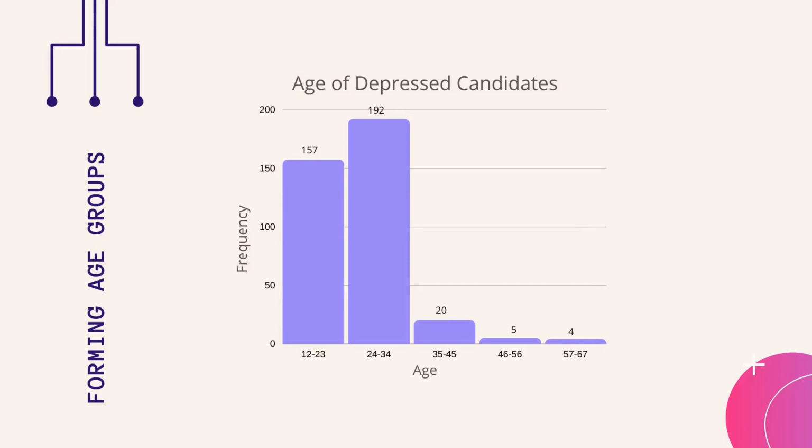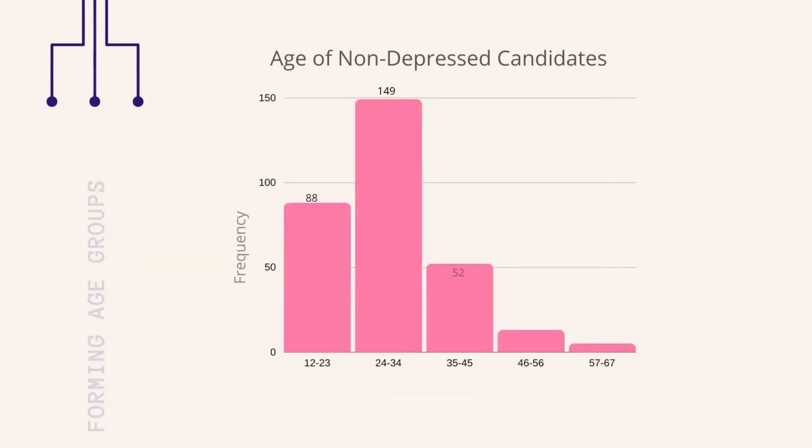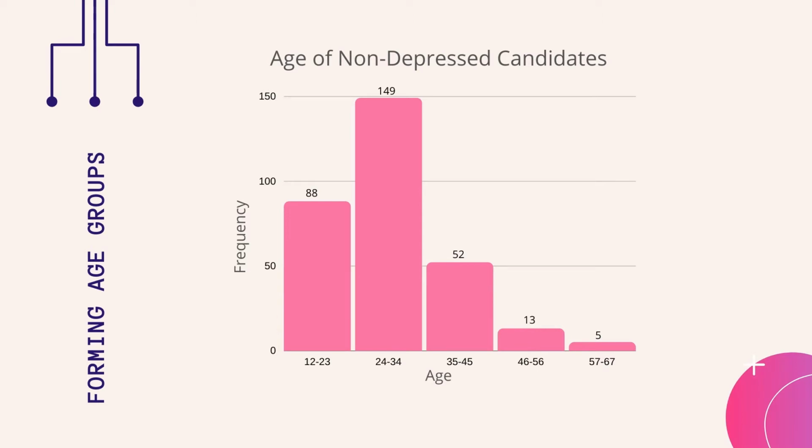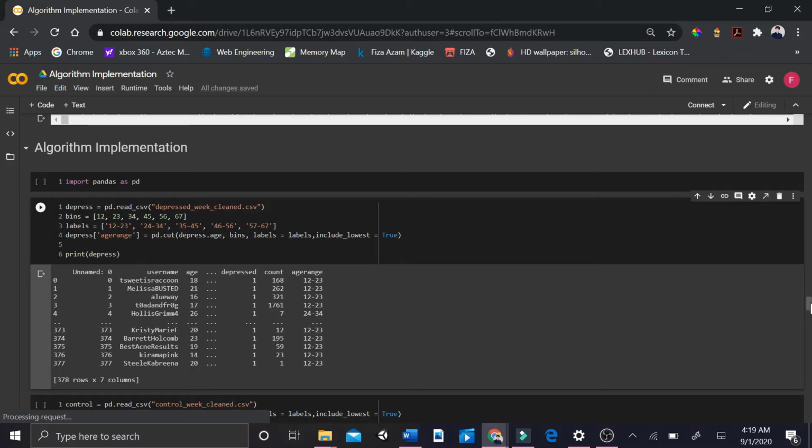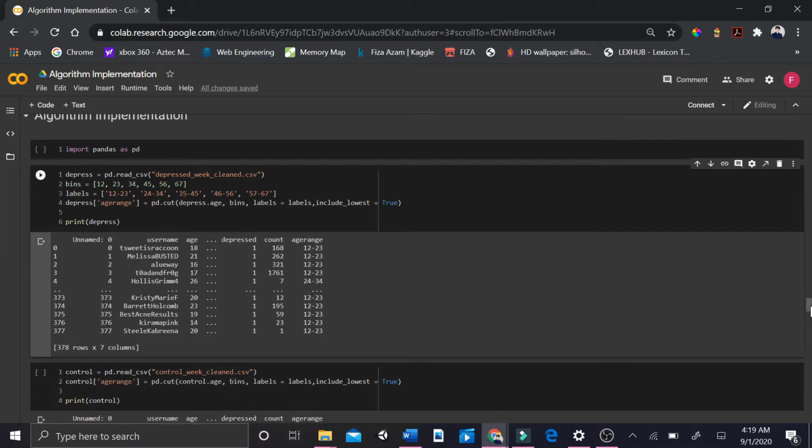The diagram shows the number of users each age group contains. Similarly, we divided the non-depressed users into 5 different age groups. Age ranges remained the same as before. The code shows how each record was assigned its respective age group.